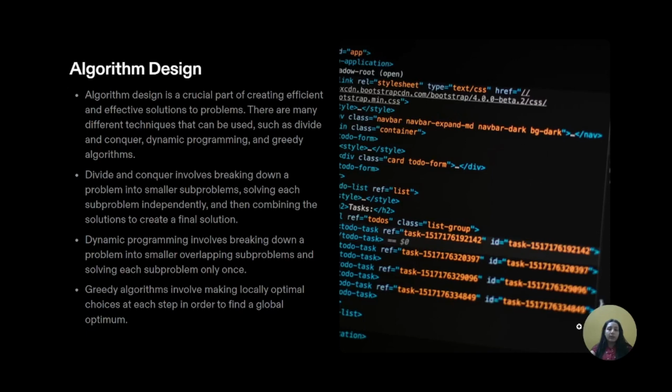Dynamic programming involves breaking down a problem into smaller overlapping subproblems and solving each subproblem only once. Greedy algorithms involve making locally optimal choices at each step in order to find a global optimum.